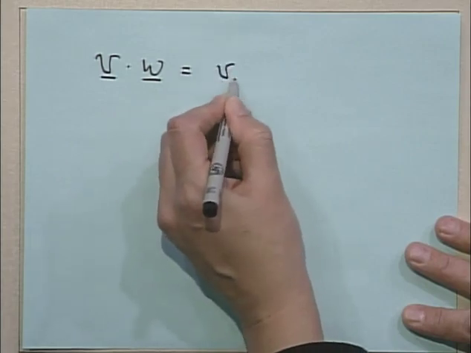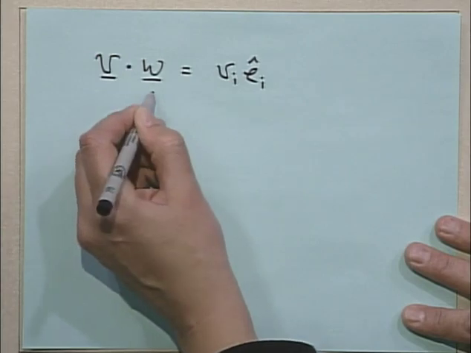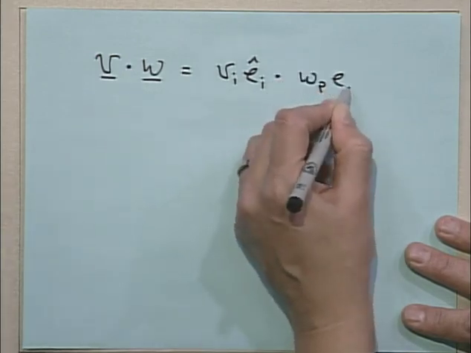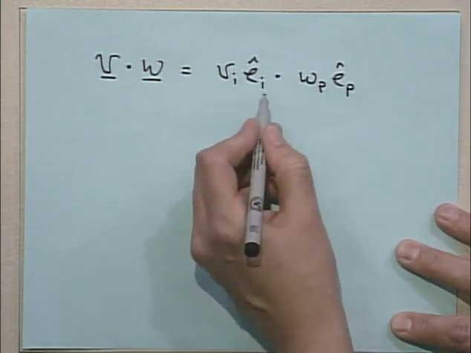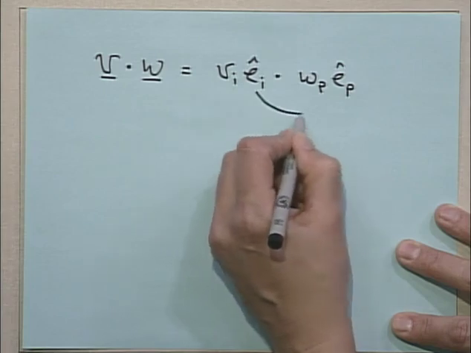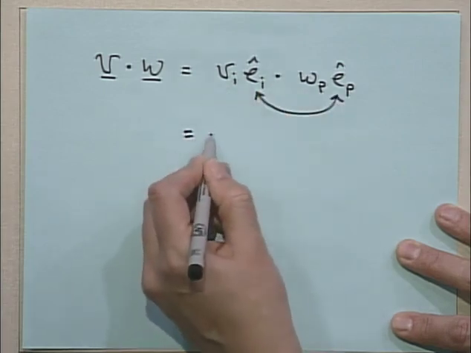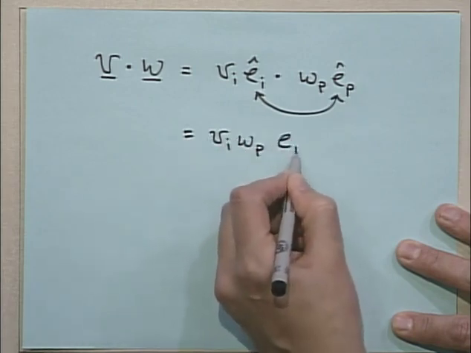So that's v_i e_i. And every new vector gets a new letter. Dot w_p e_p. What letter we pick is irrelevant. Okay? We dot the two basis vectors together. The scalars commute, so usually I take my scalars out front so I don't get confused.